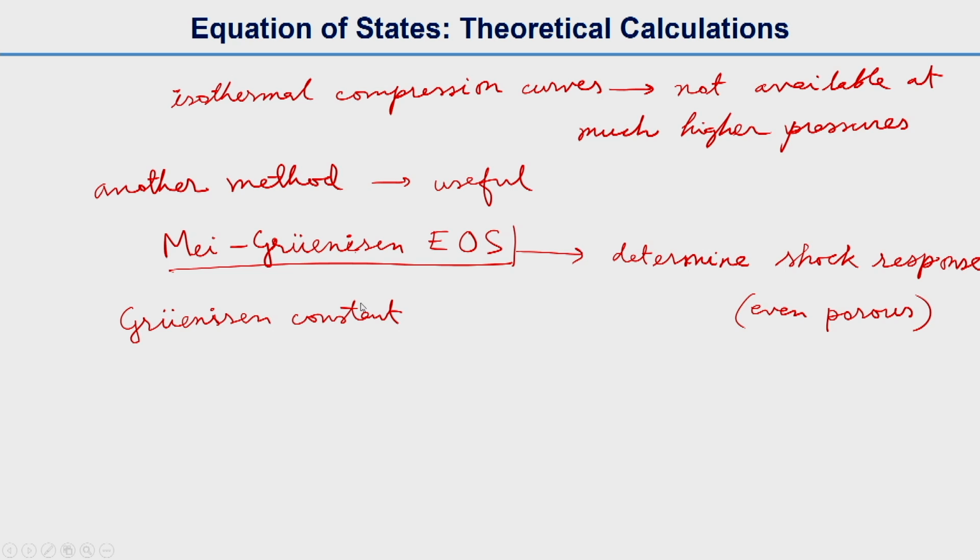So that constant can be obtained from statistical mechanics. Statistical mechanics, as some of you will know, is as opposed to continuum mechanics.